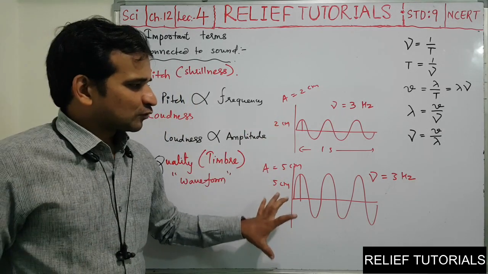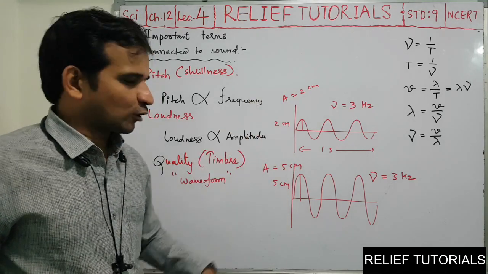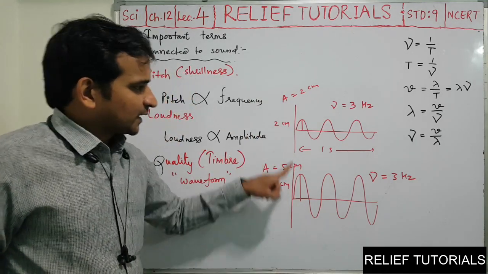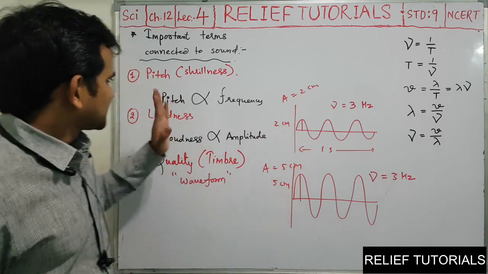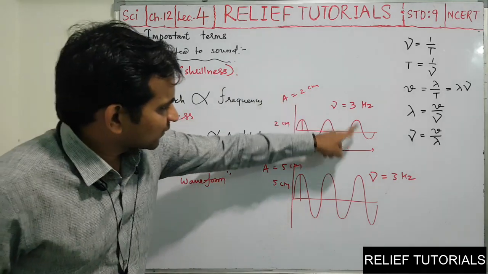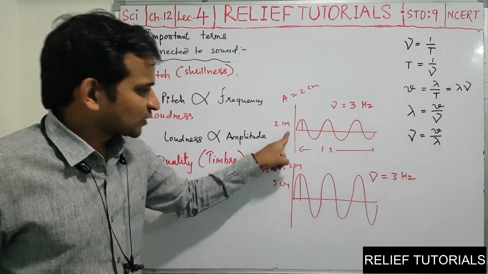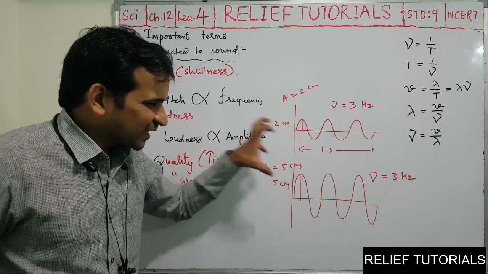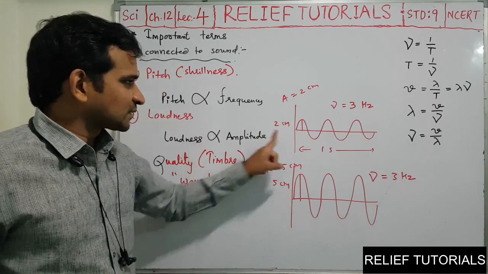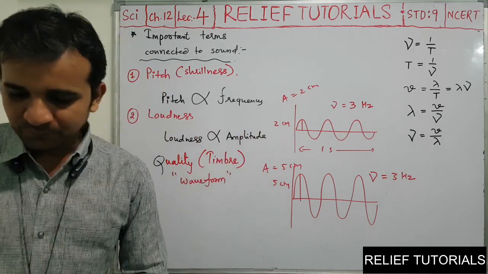So out of these two, which is the loud sound? This one. And what do you think about the pitch? Pitch depends on frequency. Because the frequencies are the same, both sounds have the same pitch. Pitch and shrillness are the same, but loudness is different because of amplitude.